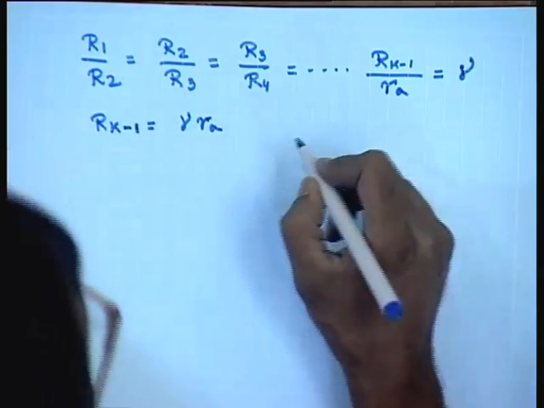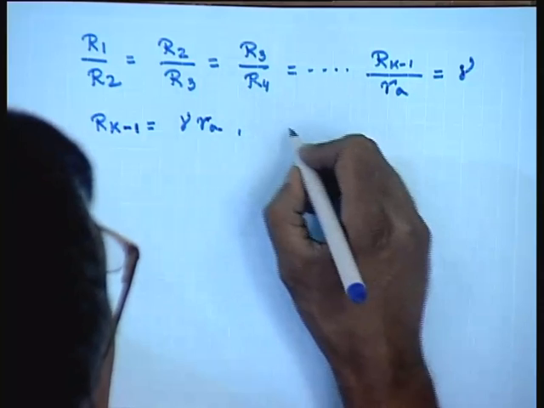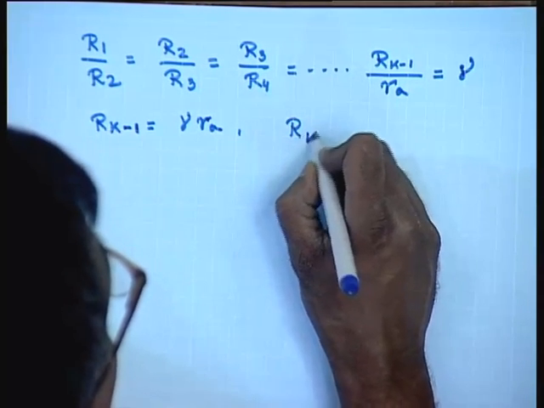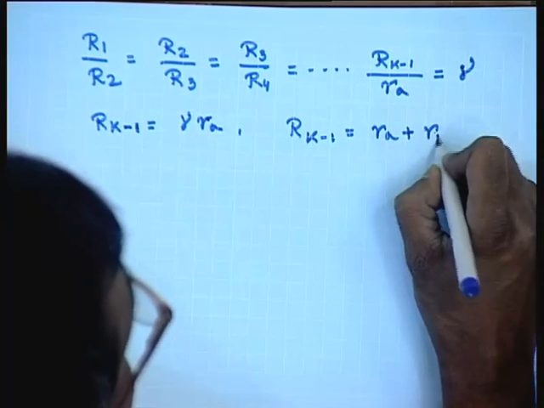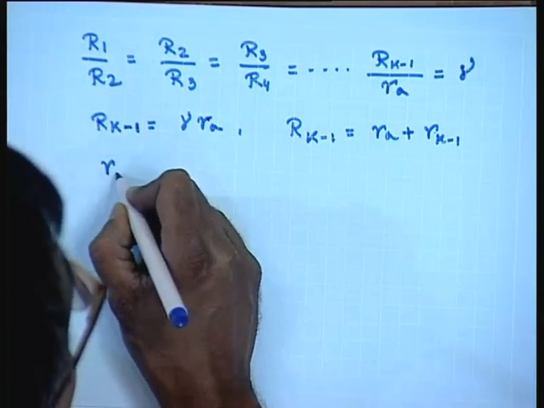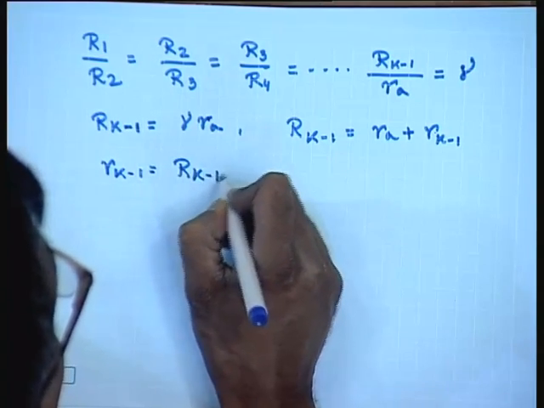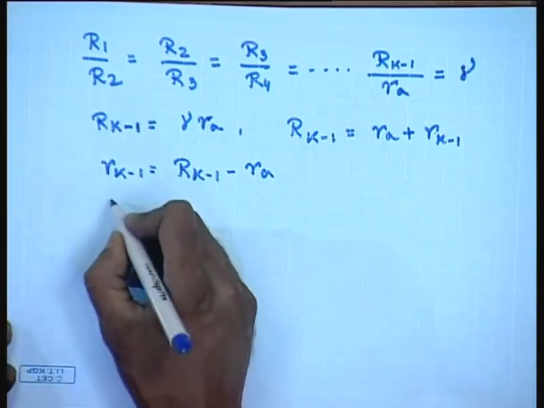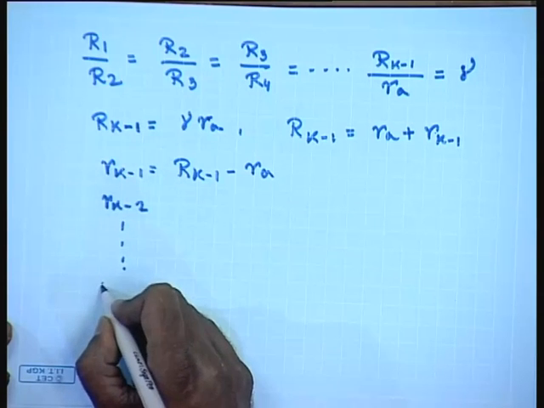So, the last sectional resistance can be found out, which is R k minus 1 equal to R a plus small r k minus 1. So, small r k minus 1 equal to R k minus 1 minus R a. This way we will continue till we find out all the smaller individual resistances.